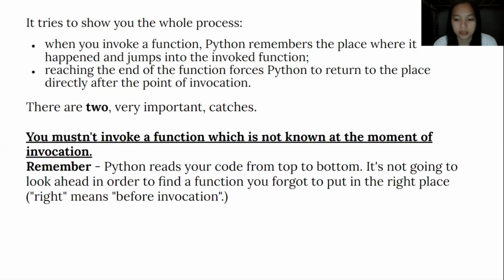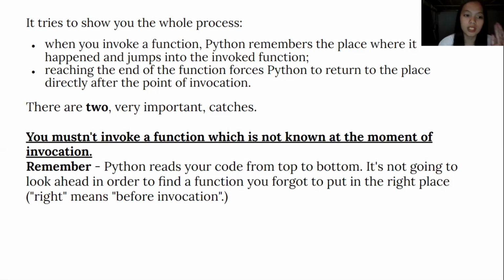First, you mustn't invoke a function which is not known at the moment of invocation. Remember, Python reads your code from top to bottom. It's not going to look ahead in order to find the function you forgot to put in the right place.